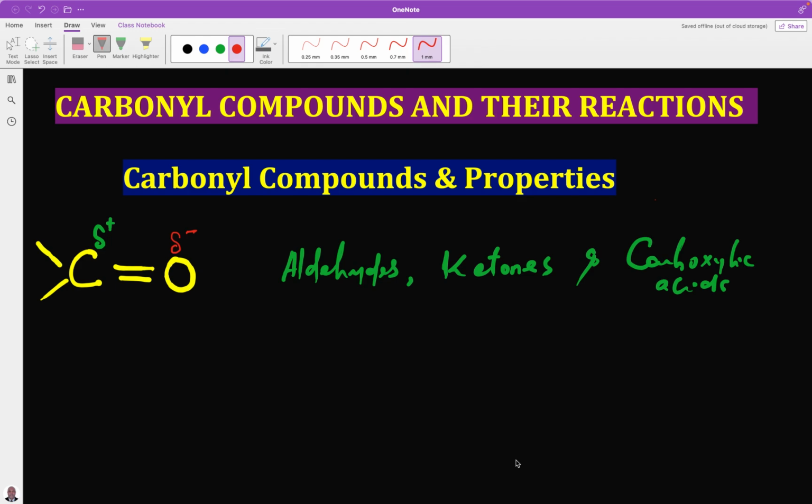And lastly, we will discuss some examples of carbonyl compounds. We'll be giving displayed and structural formulae of aldehydes and ketones.